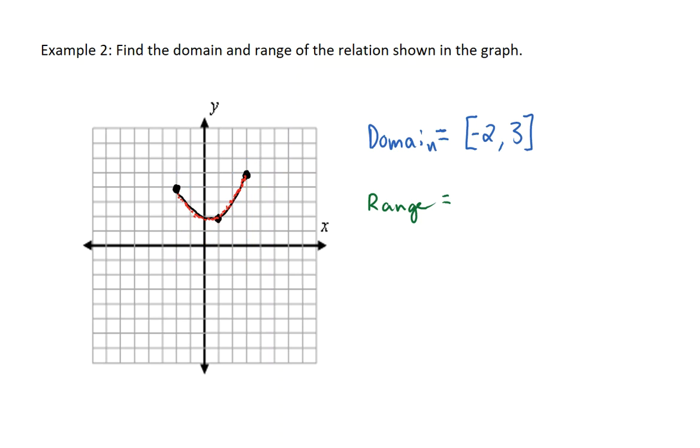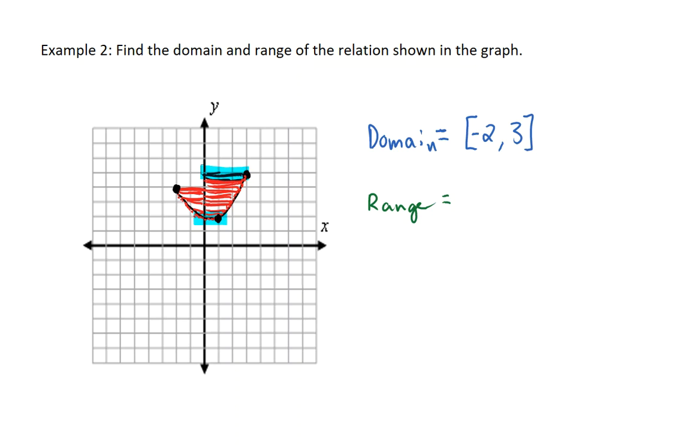For the range, range is all the possible y values. So all those infinitely many points, we're going to think about how they come to the y-axis. So I do all those, but if I keep doing these ones on the other side, this set here will overlap. But then it'll keep going up and up. But they're kind of bounded between the y value of 2 and the y value of 5.